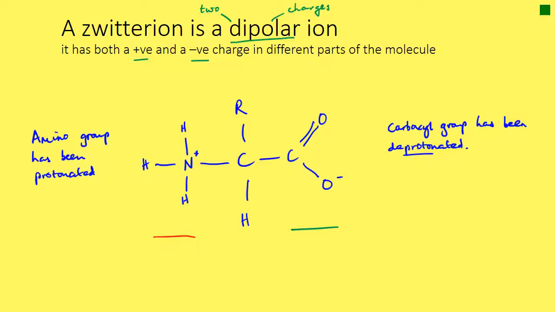So we start off with our central carbon atom again, and let's have our alkyl group at the top and our hydrogen at the bottom, and then we're going to have our carboxyl group that has lost its proton. So you can see this is now an ion because it's lost its proton. It retains the negative charge.